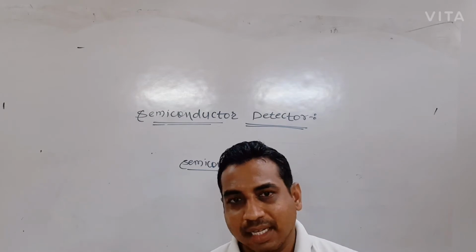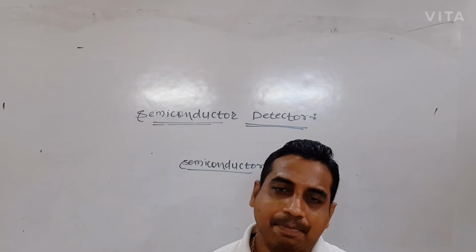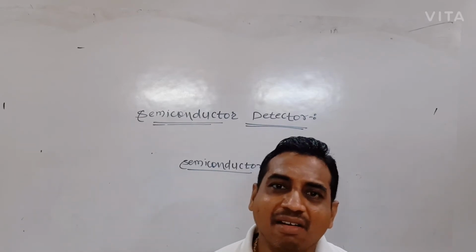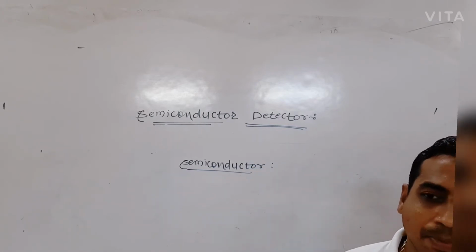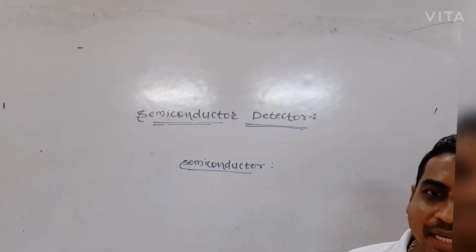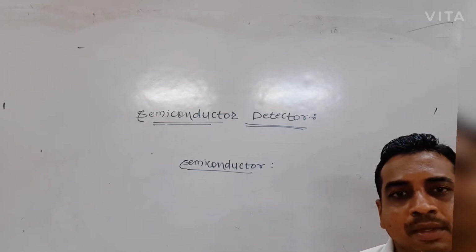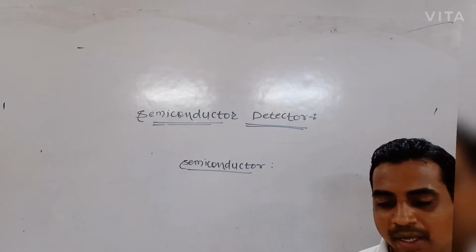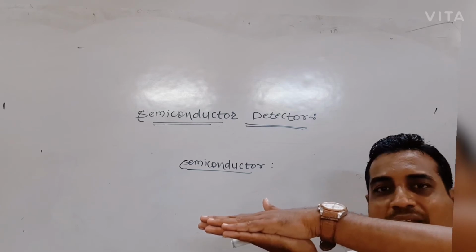That means in semiconductors, the forbidden gap between valence band and conduction band is very narrow. In conductors, there is no forbidden gap; the conduction band just overlaps the valence band.